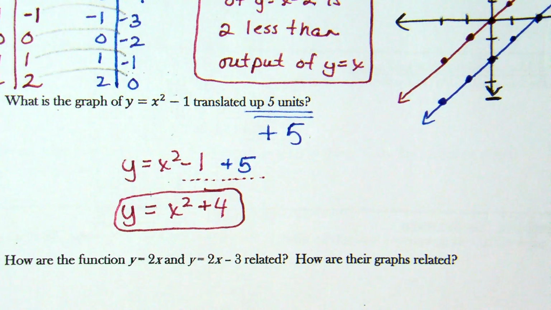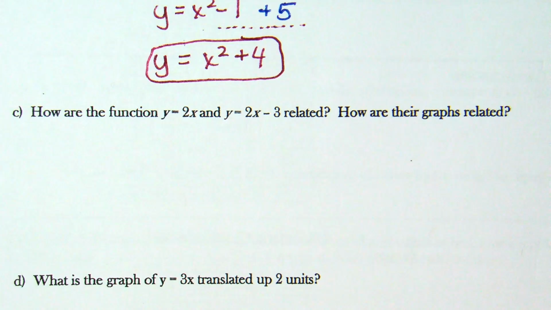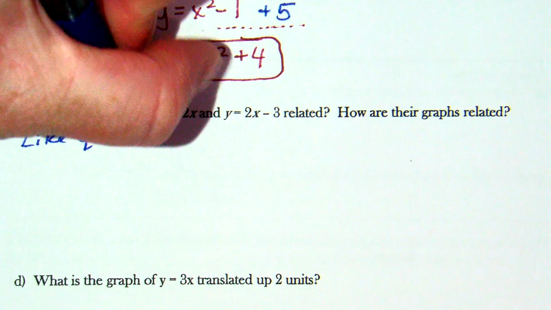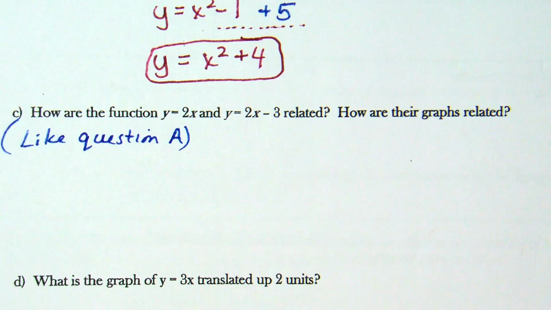Okay, so part C is just like question A, except that we're not going to write it all out this time. We're not going to do all the details. We're going to kind of anticipate. So this is just like question A. They want to know how are these two functions related and how are their graphs related. So let's use the information from above.